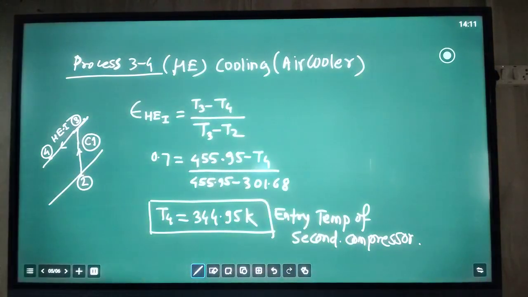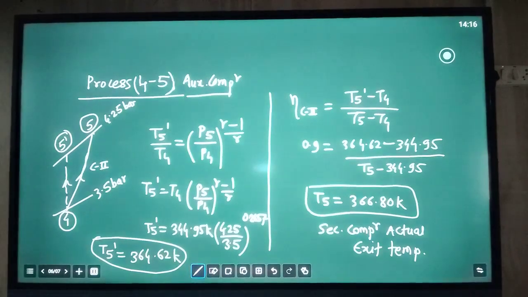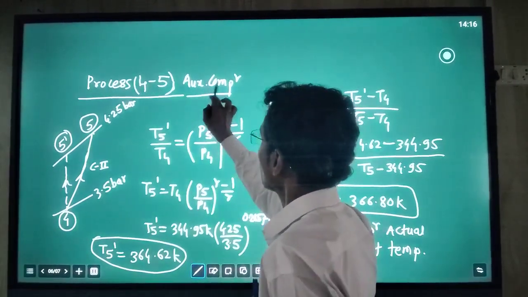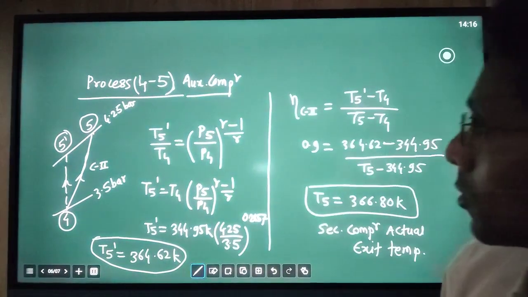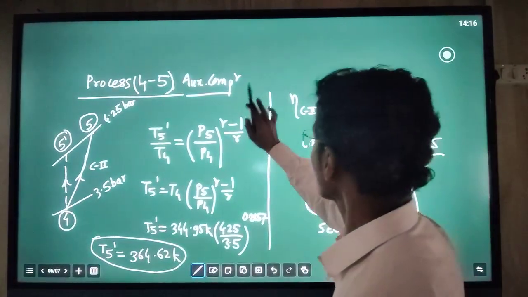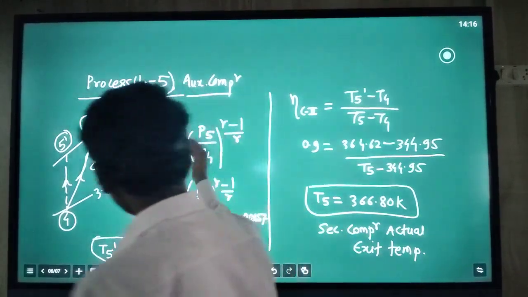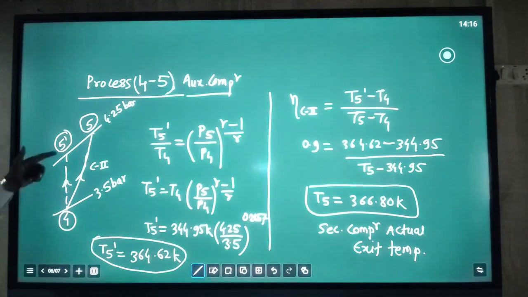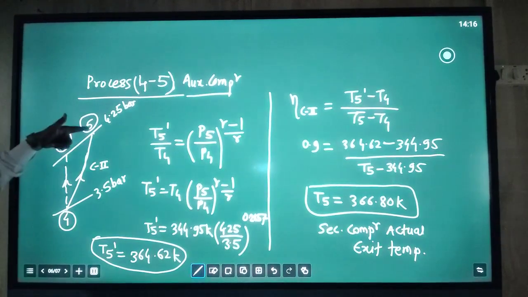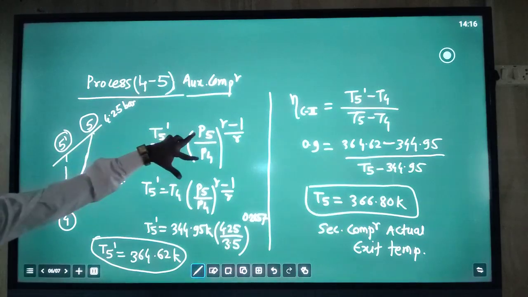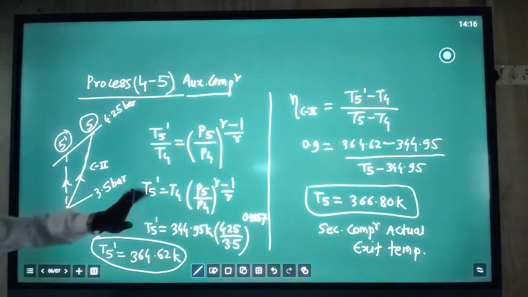Further, process 4 to 5 takes place in the auxiliary compressor. Here in the compressor we again use two formulas. The first formula is the temperature-pressure relation for 4 to 5 dash, the ideal process versus the actual process. So this is the temperature ratio equal to the pressure ratio raised to gamma minus 1 upon gamma.